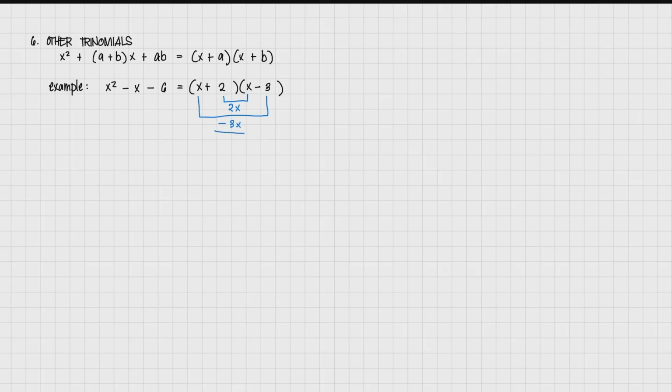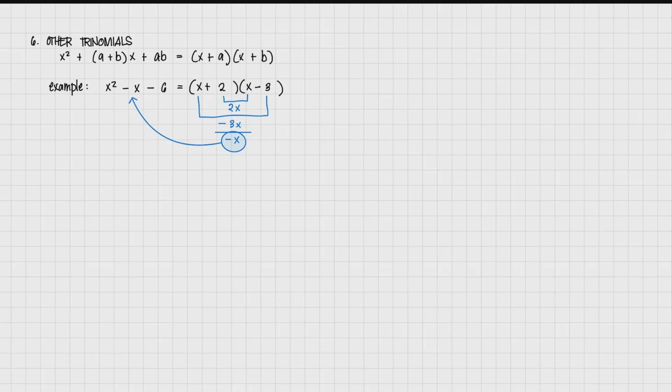Sum it up. So you have positive 2x plus negative 3x. You'd get negative x. And there you have it. So this one, negative x, right here. So we're good. So okay, the factor we have is correct.